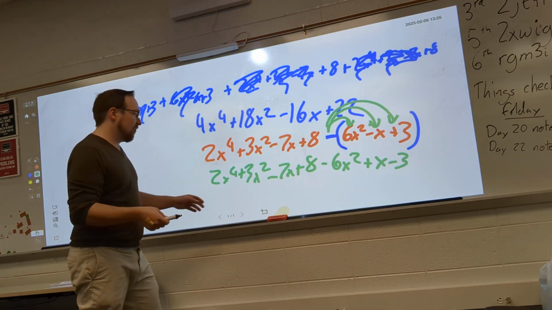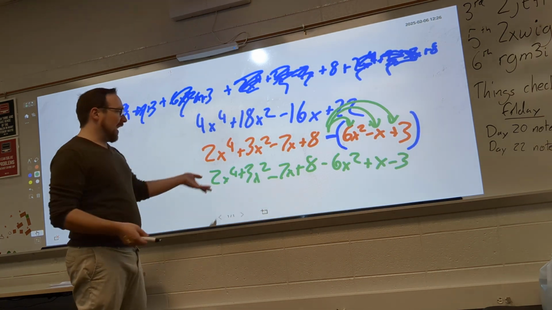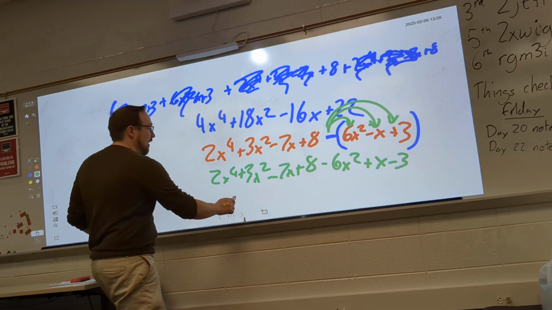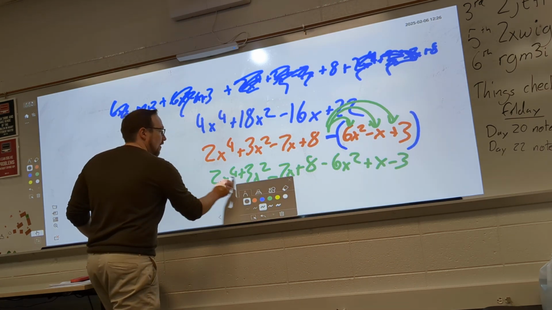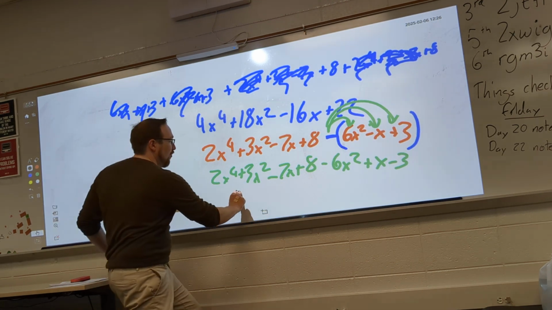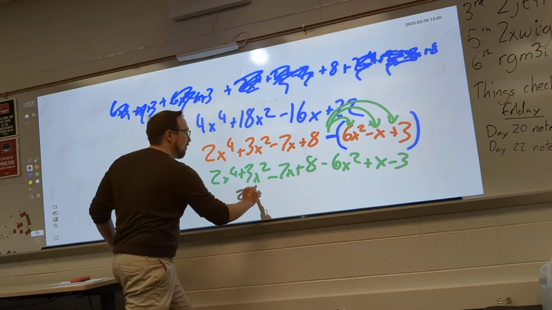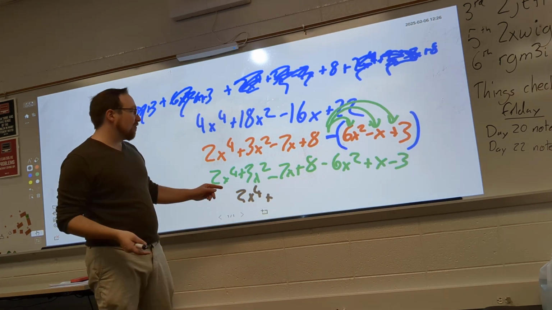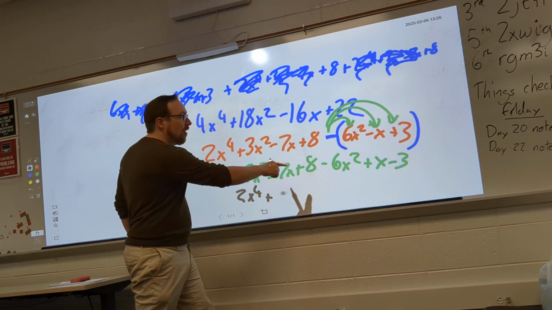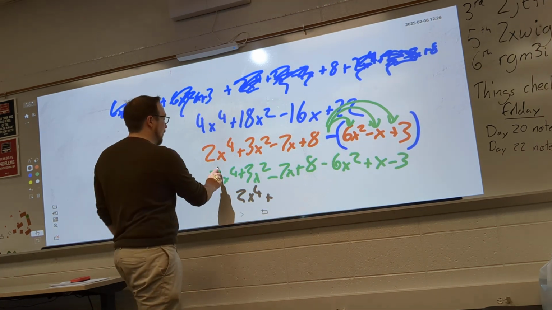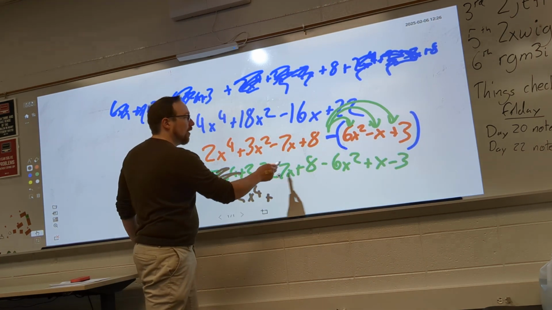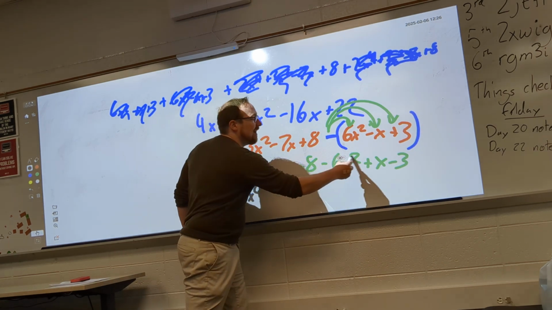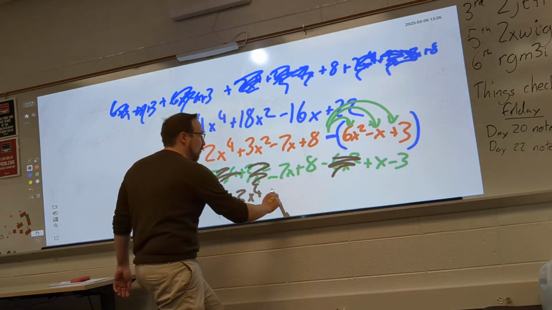Let's combine like terms. Are there any x to the 4ths? Yes, we've got 2x to the 4th. Do we have any x to the 3rds? Nope, but we do have an x squared. We've got 3x squared minus 6x squared, which is going to be negative 3x squared.